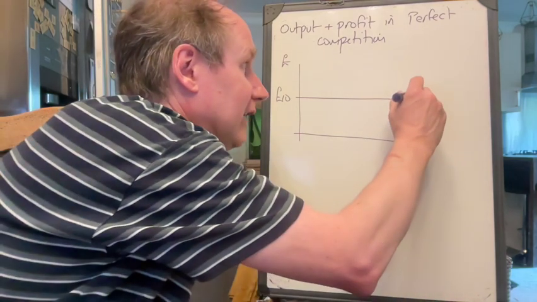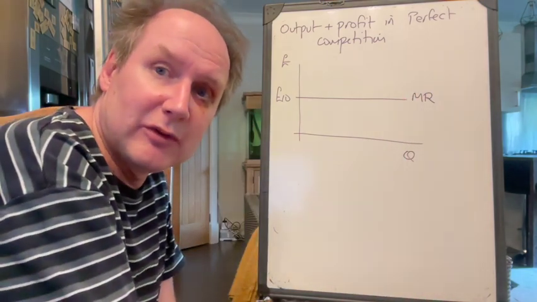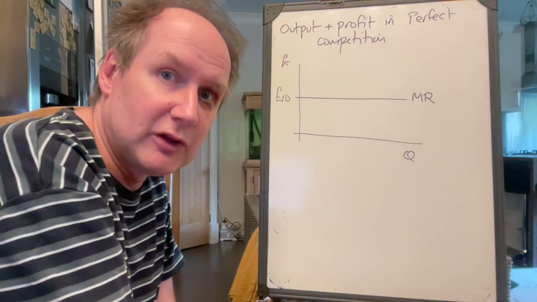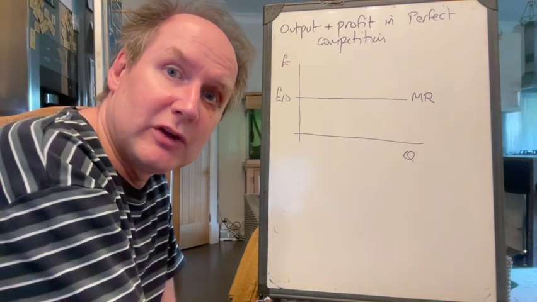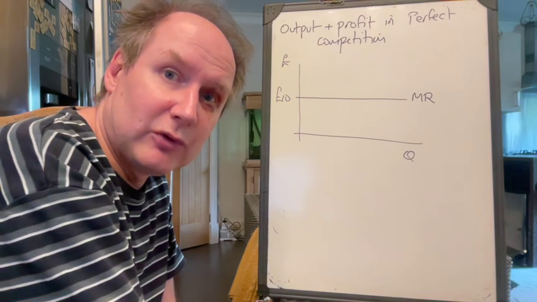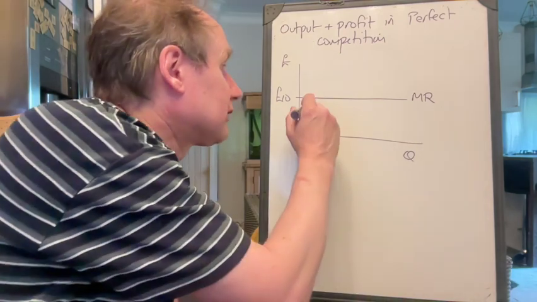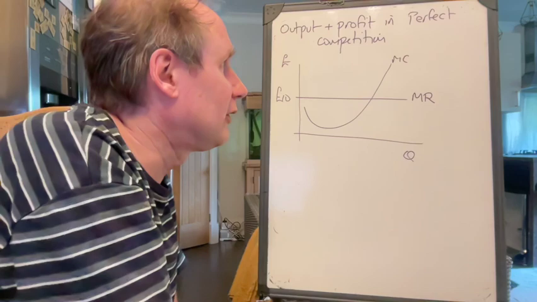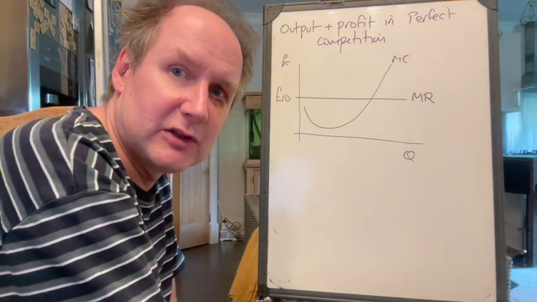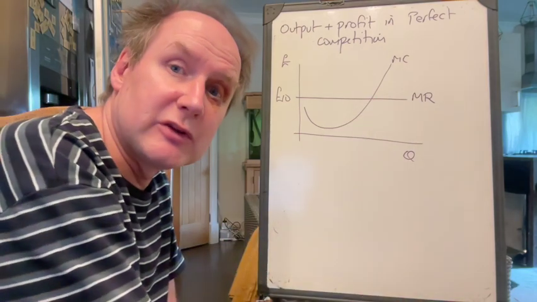And we said marginal revenue shows the extra revenue they get from selling an extra unit. So we only want to sell units where the extra revenue is at least equal to, and preferably more than, the extra cost. We know that marginal cost looks like that because the firm faces increasing and then diminishing returns to its variable factor.